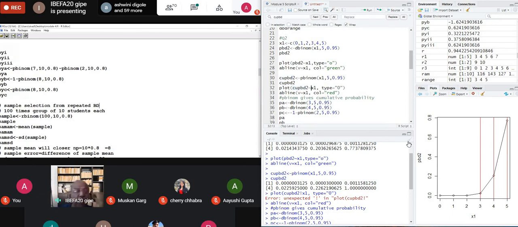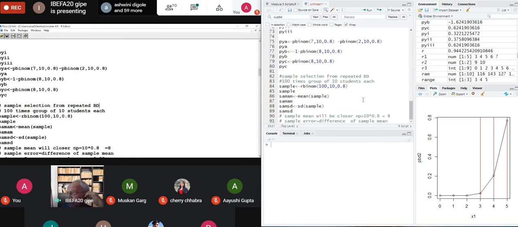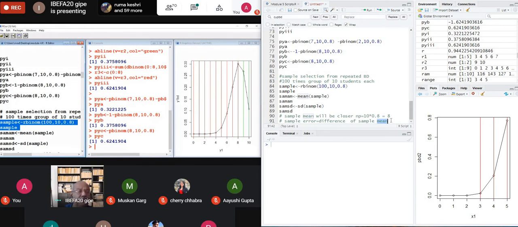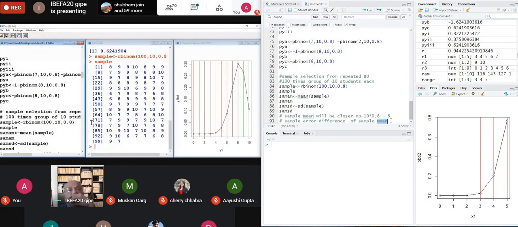So suppose I do the selection 100 times, what are the X values? That is what rbinom generates. See now? How many values can you see on the screen?